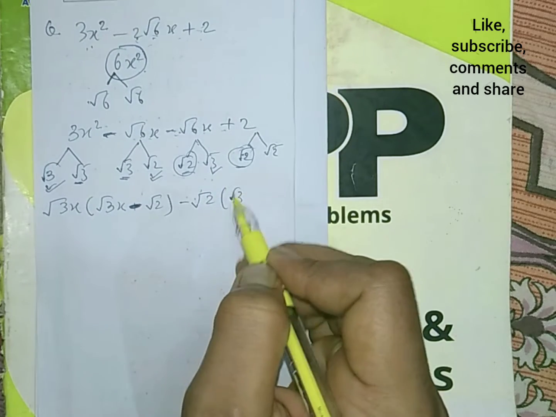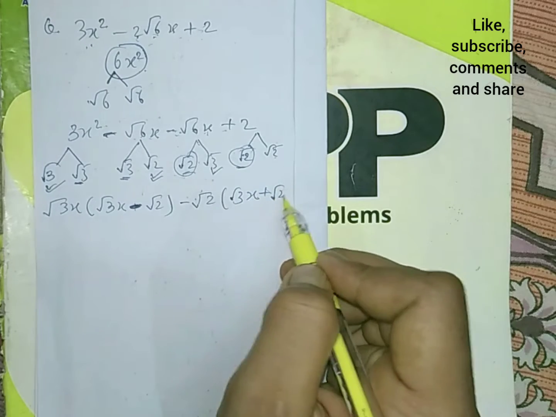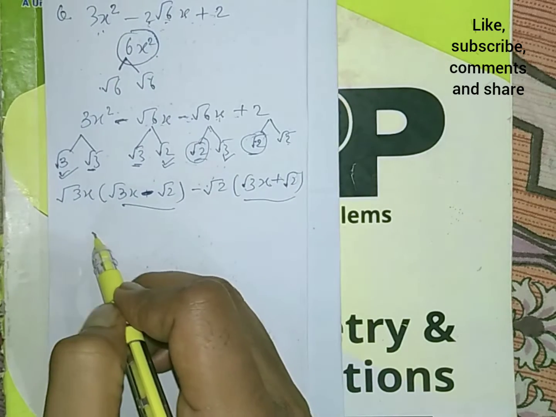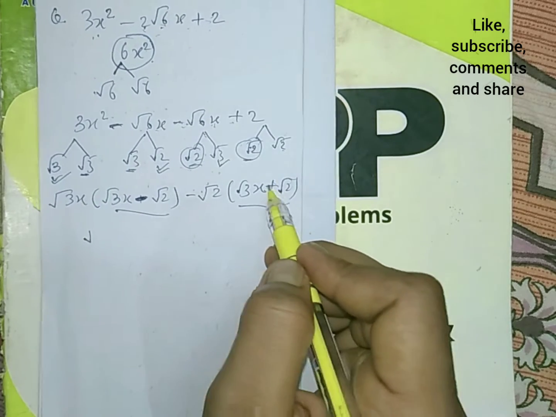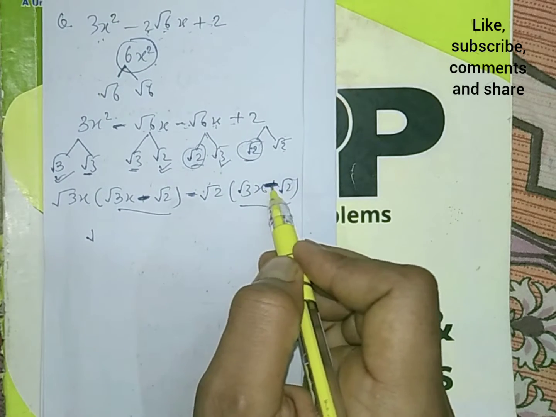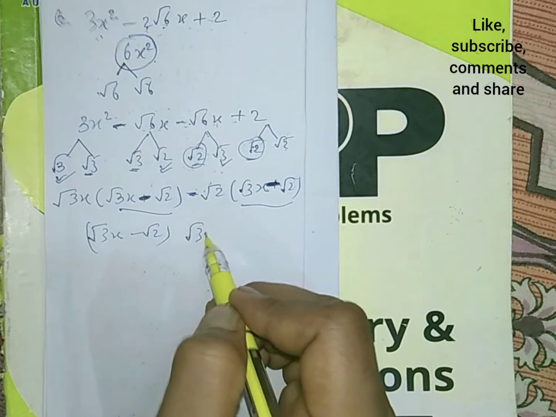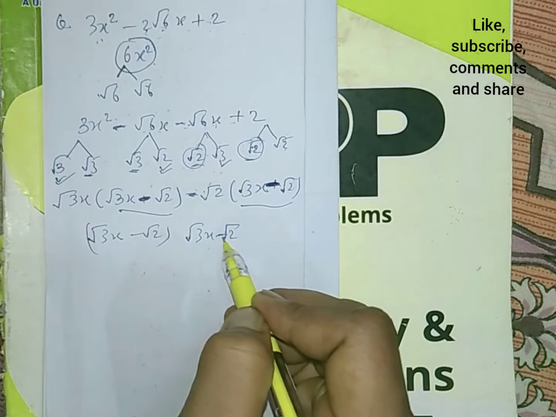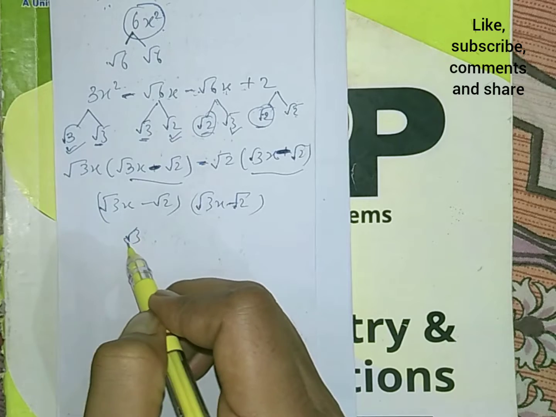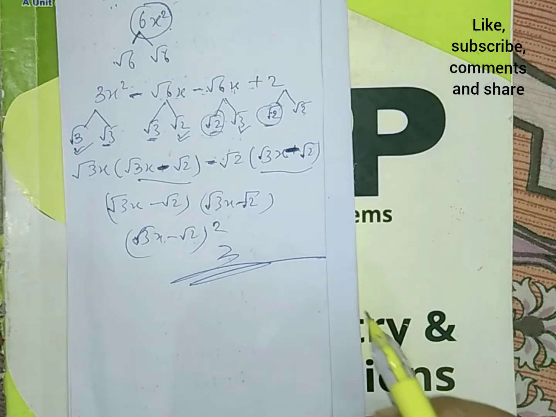At first root 3 is remainder, and what is next, x, and plus root 2 is also, both are same. This is very easy. Sorry, we have to write here minus sign, because we have to take here minus sign. Root 3x minus root 2 and root 3x minus root 2. Also you can write here root 3x minus root 2 the whole square.